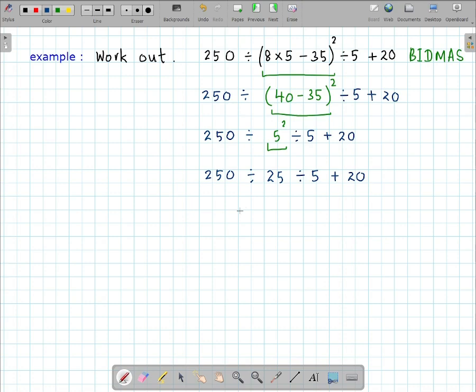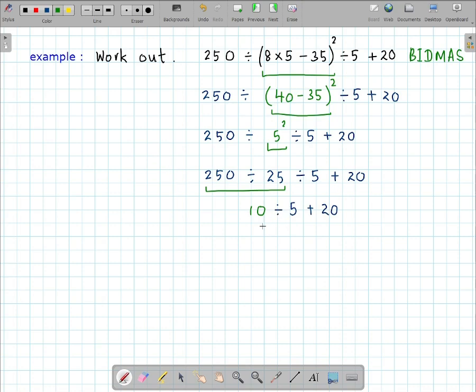Now you have divisions, 2 divisions and addition. So 2 divisions I start from left. So this one I'm going to do 250 divided by 25, that is 10 divided by 5 and 20.